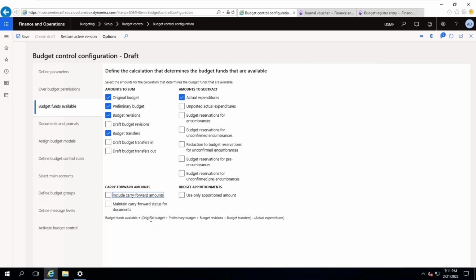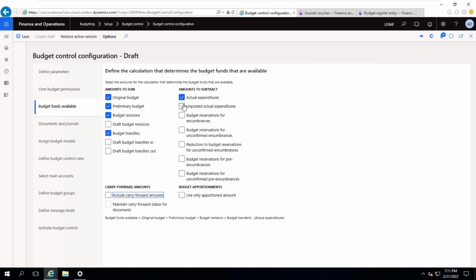So now you understand original budget, preliminary budget, budget revision, budget transfer, and carry forward. Here we need to understand some check boxes. A little bit complex, but it is simple. Try to understand.